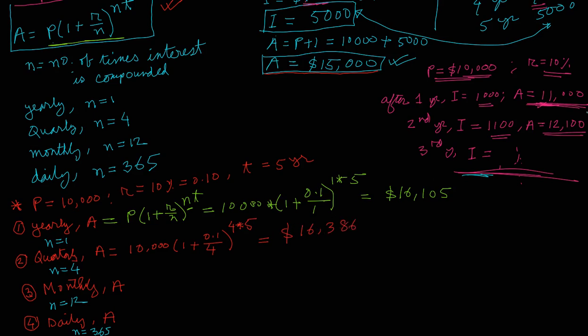All right, so let's see how much he has to pay if interest is compounded monthly. For monthly, of course P is 10,000, then 1 plus the same thing, but this time N is 12, power 12 multiplied by 5.